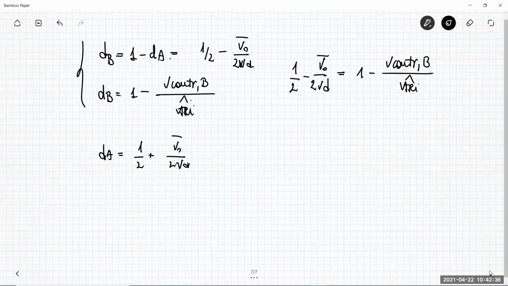From this equation, we can derive V control B, which is V triangular peak value plus V triangular peak value over 2Vd multiplied by V naught average.